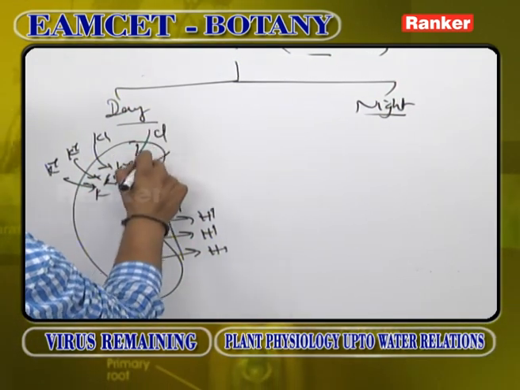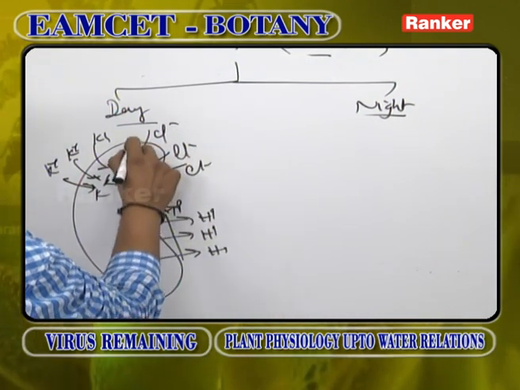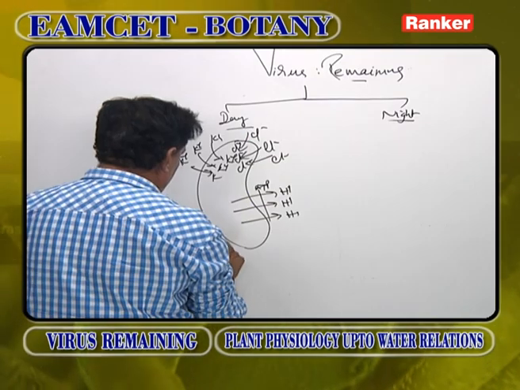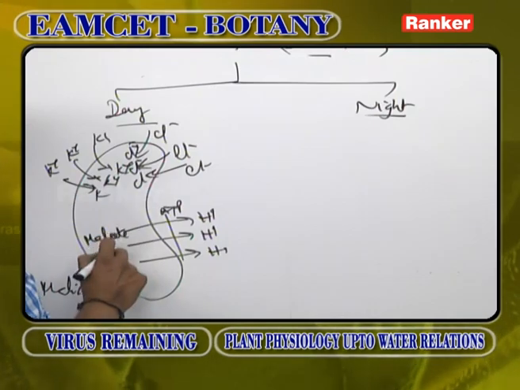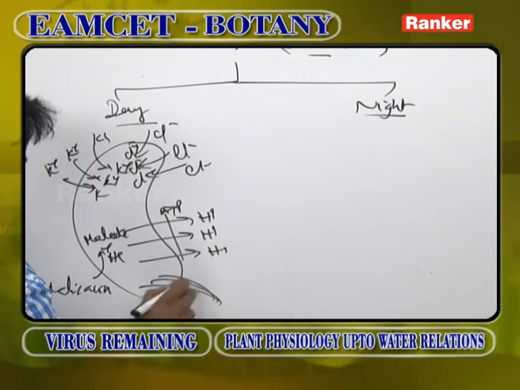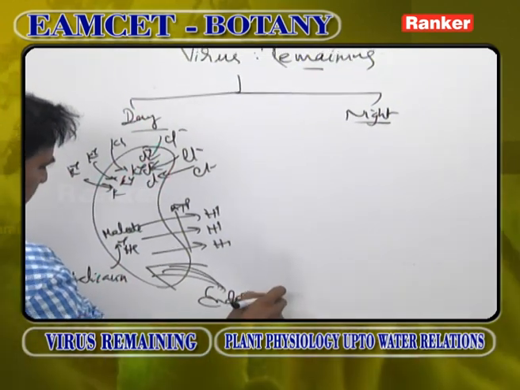Along with K plus ions, Cl minus ions enter the guard cells to maintain the chemical equilibrium. It is not sufficient. Malic acid enters the guard cell and converts into malate ions and H plus. In this condition, concentration increases, water moves into the guard cells by endosmosis and stomata opens.